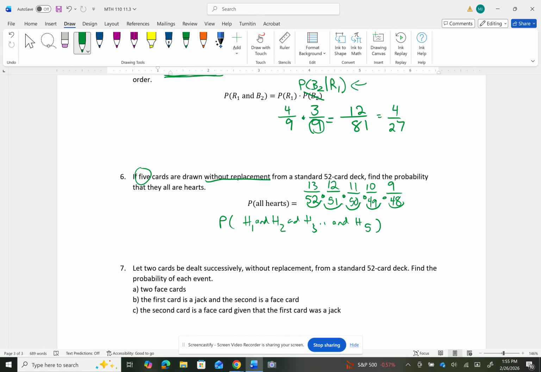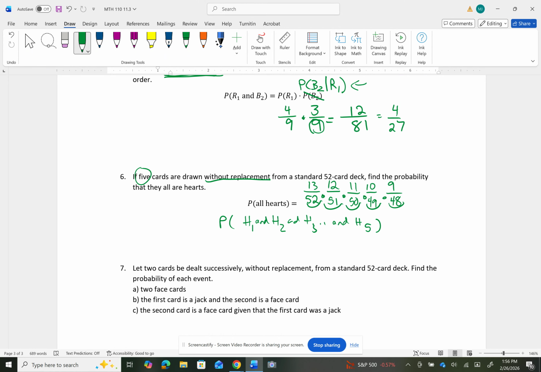Probably your calculator is going to give it to you as a decimal, because it's kind of a weird one. Let me try it on mine. 11 over 50 times 10. Oops, 10, messed it up. Shoot. Okay, hold on.